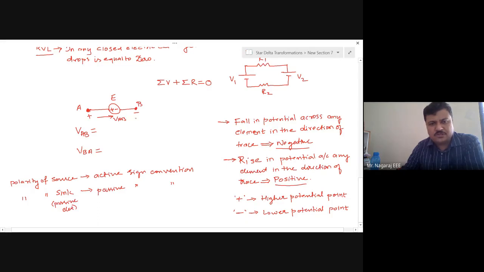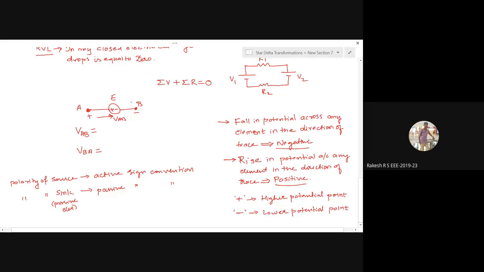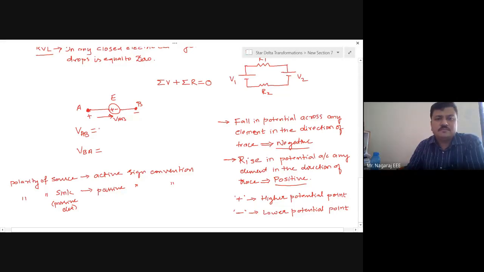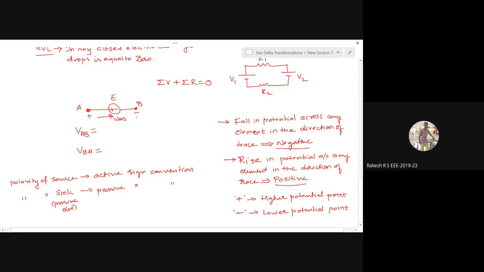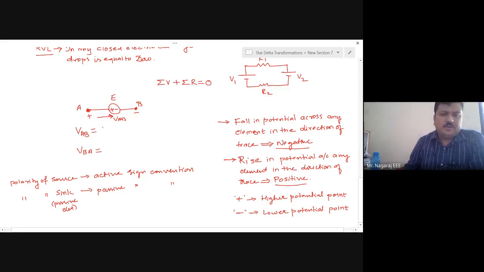It is a fall in potential. So when there is a fall in potential, my potential value should be negative. So this is minus.